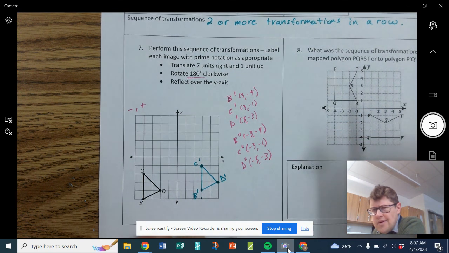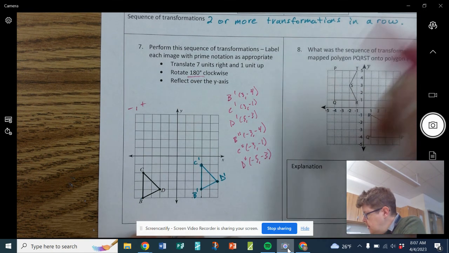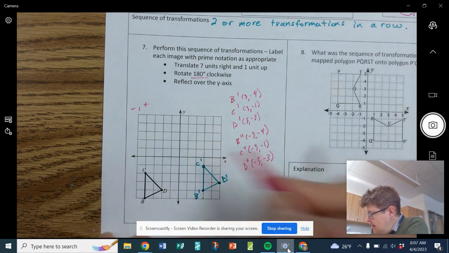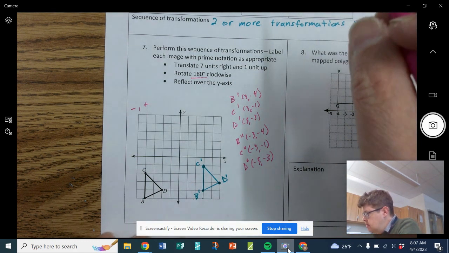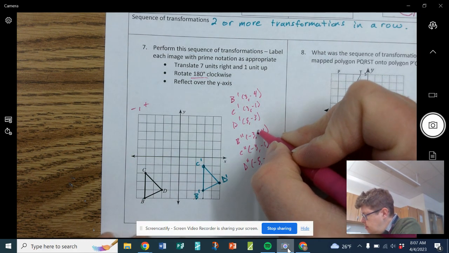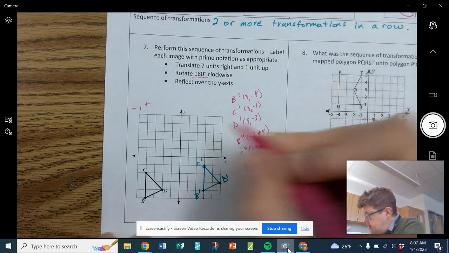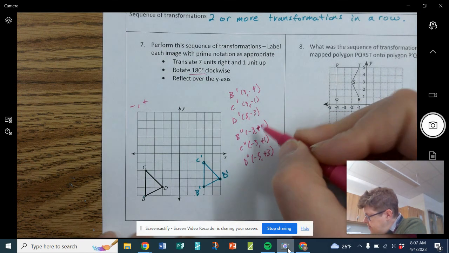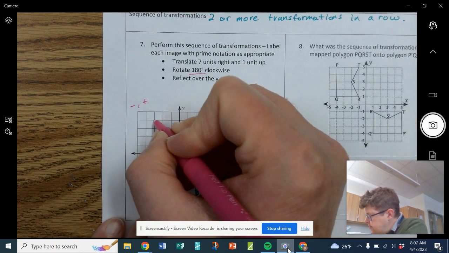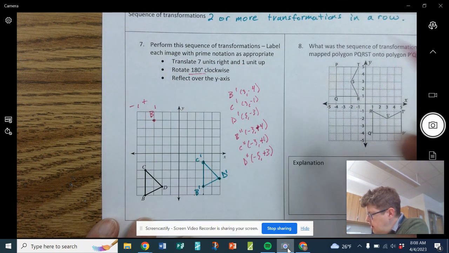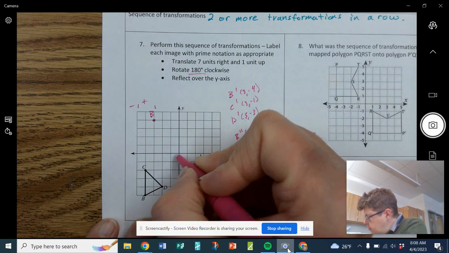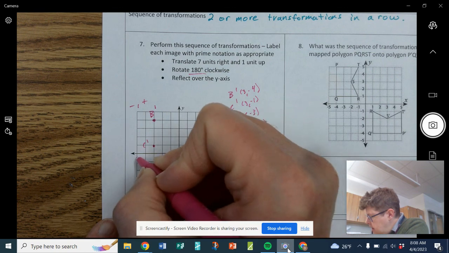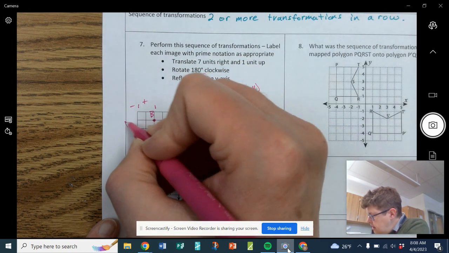So it's kind of a lot of work to do kind of like these sequences, right? But yeah, it's kind of a lot of work. Actually, my bad here. This is positive, positive, positive. Sorry, guys, I was screwing up there. -3, +4, so we go left 3, up 4. That's B prime. -3, +1 is right here for C prime, and then D prime is -5, +3.